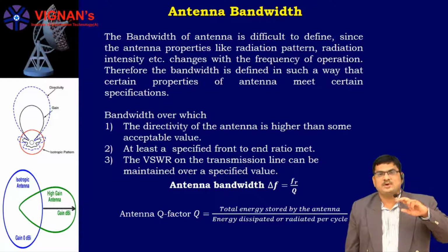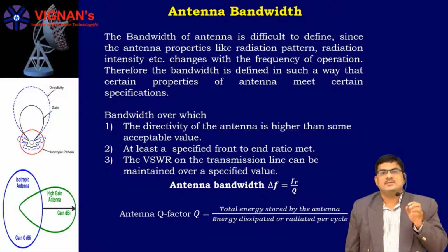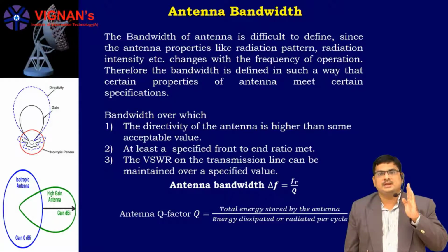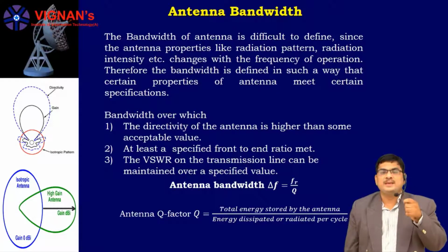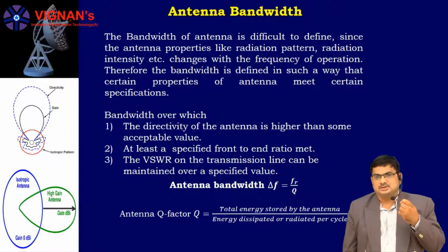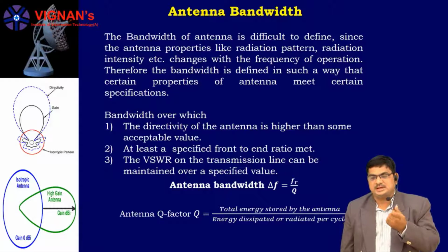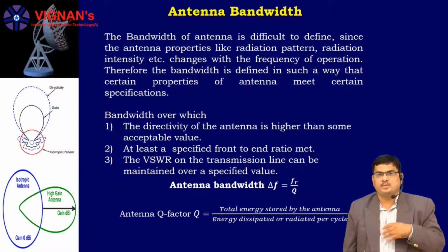If your reflection coefficient is high, then the incident wave and reflected wave get cancelled, and the radiation will be very low. So to get a good bandwidth, the voltage standing wave ratio should be low. And next, the VSWR of the transmission line maintains a specific value.